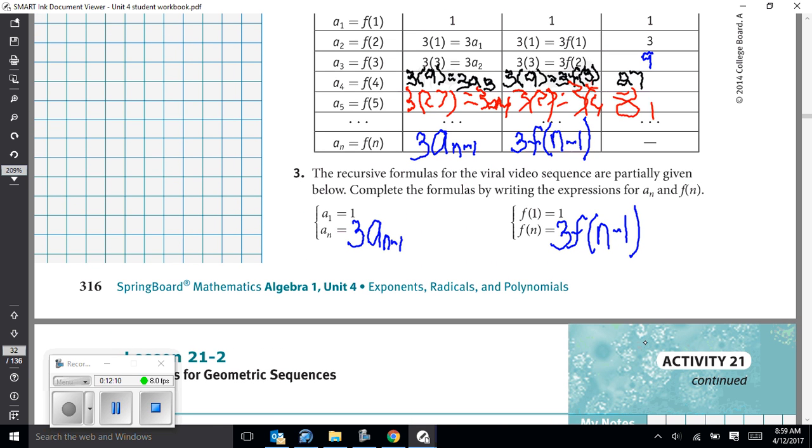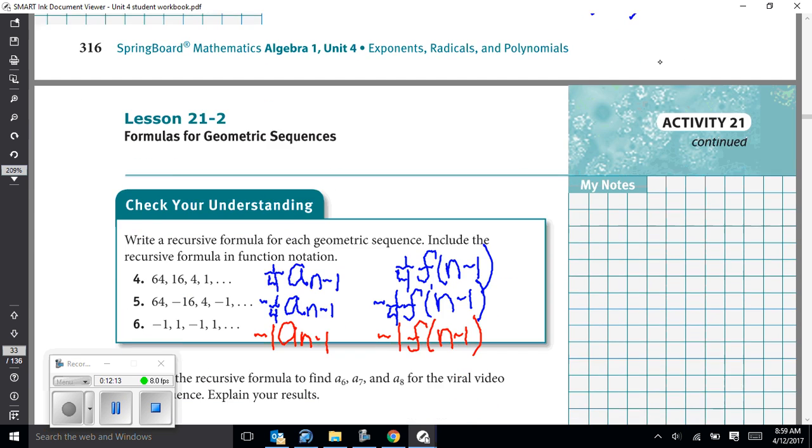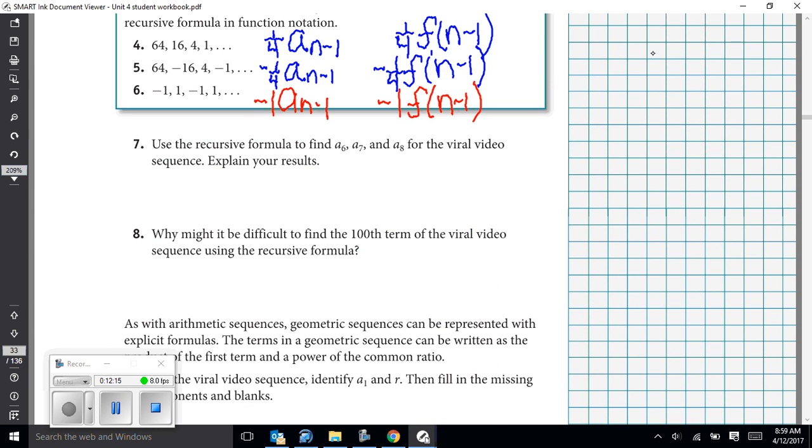That's 81. So to get a sub 6, we're going to take stage 5 and multiply by 3. So stage 5 was 81. So what's 3 times 81?